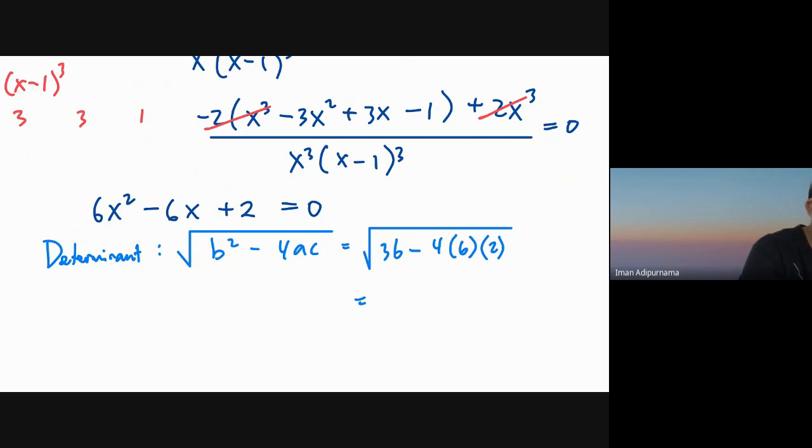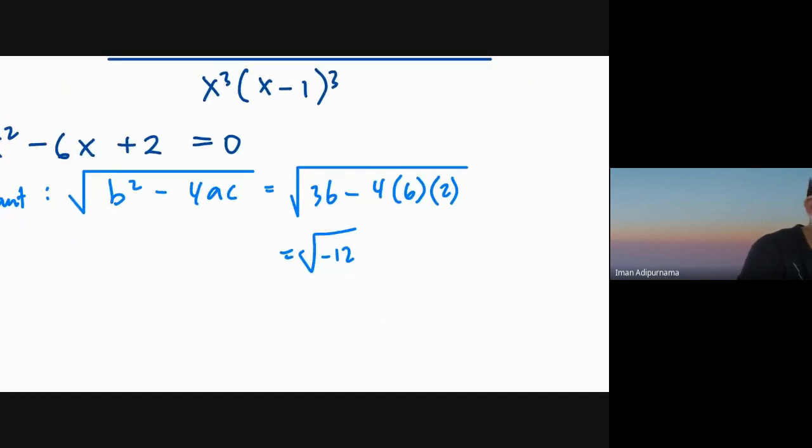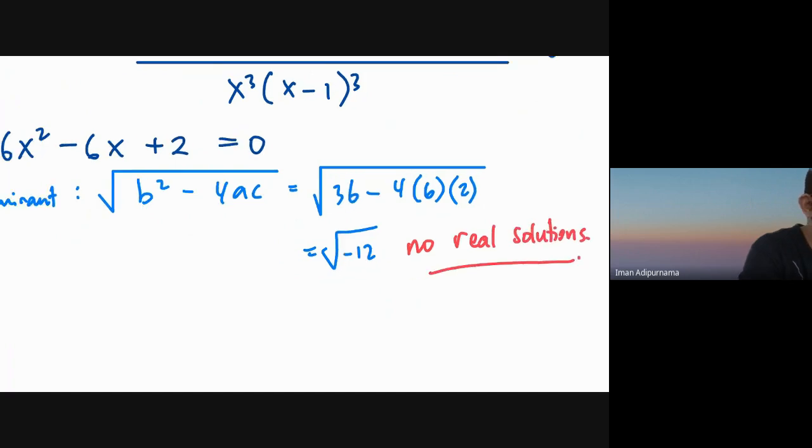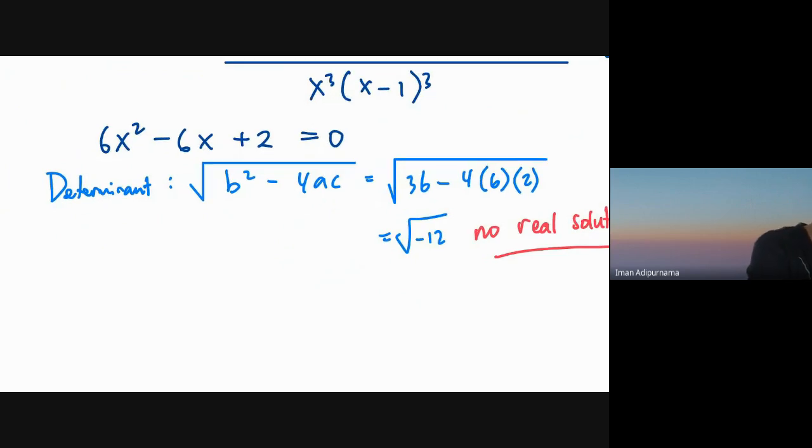This will be 36 minus 48, which is negative 12. So the solution will be an imaginary number, right? So we can say that there are no real solutions, and probably we can conclude from here, no critical point.